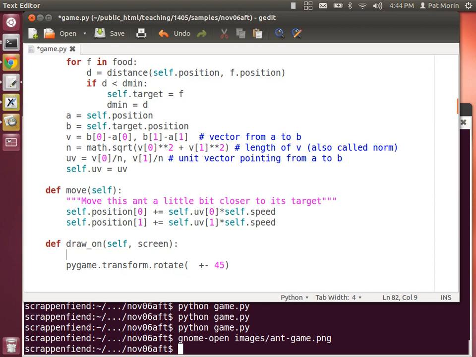We'll figure that out shortly. But before we do that, what do we need to do? So we can make a picture of what we have here.